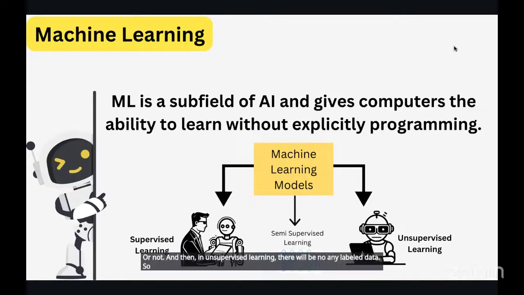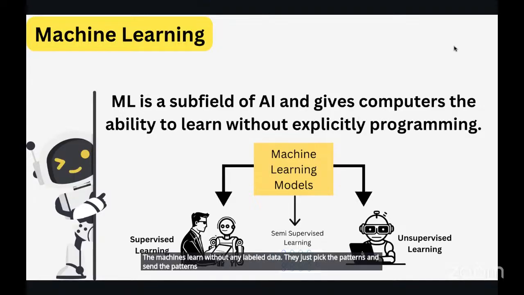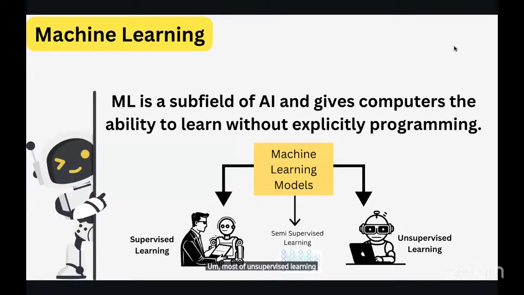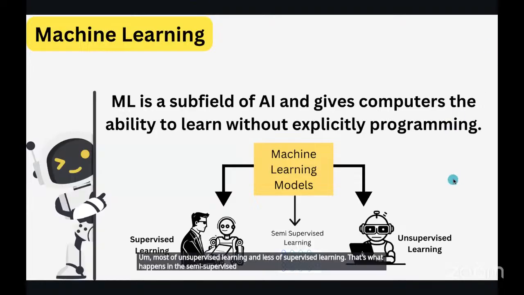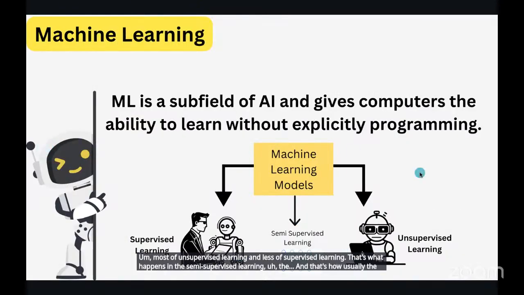The machines learn without any labeled data. They just pick up the patterns, sense the patterns, and group the things. That's how they usually learn. And semi-supervised learning, as the name suggests, is both: mostly unsupervised learning and less of supervised learning. That's how machines usually learn.